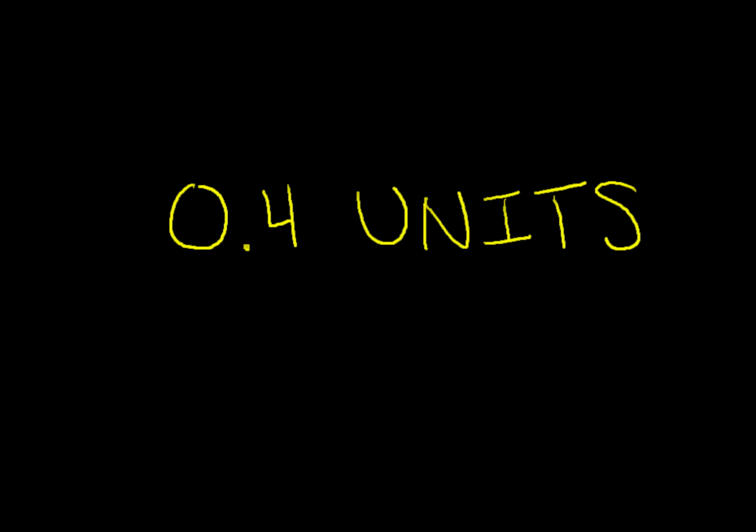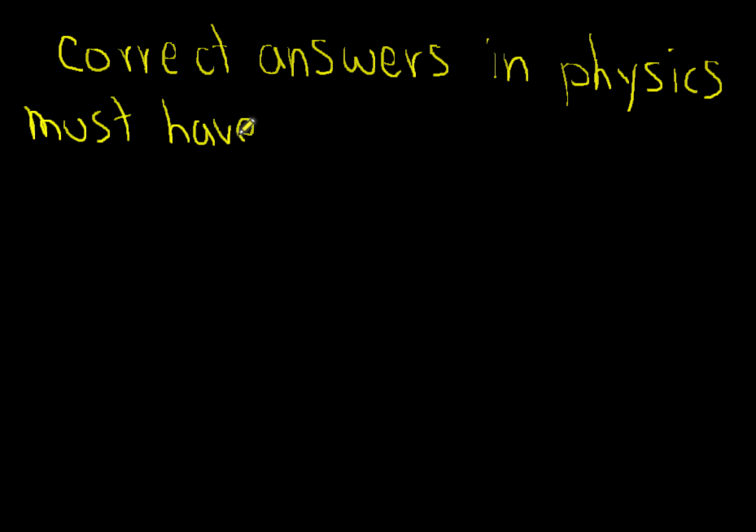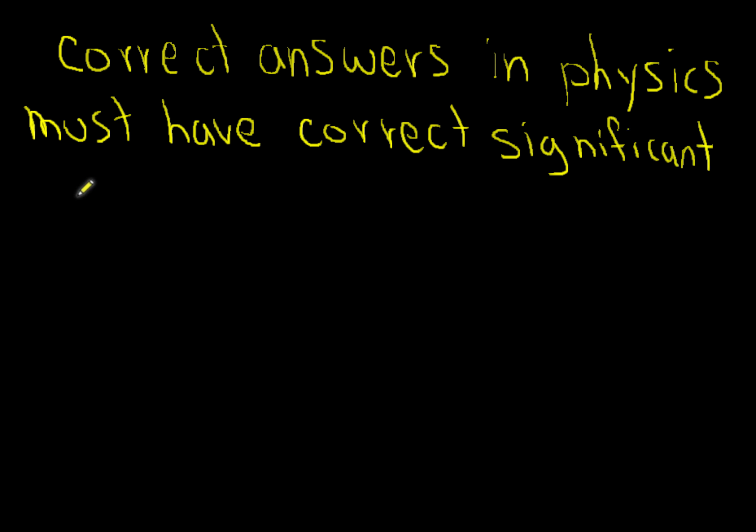Lesson 0.4, Units. In physics, in order to get an answer marked right on a test, you must have correct significant digits, which means you must follow significant digit rules for every calculation you do, as well as the correct units.